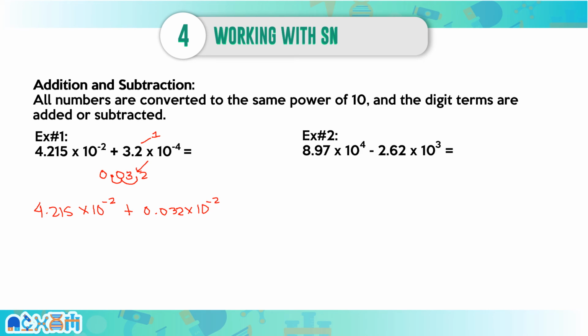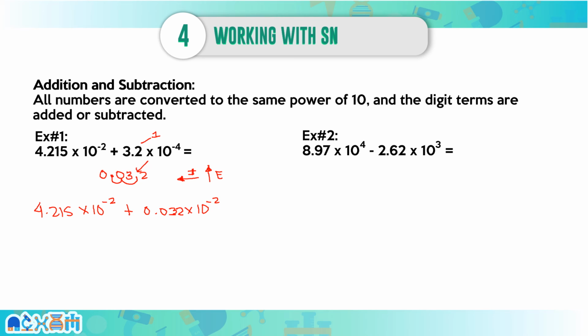Again, because we have moved to the left, our exponent should increase as I have explained a while ago. If you move to the left of your variable, your exponent again should increase. Okay, so from here we'll just solve them as per their process, which is addition.